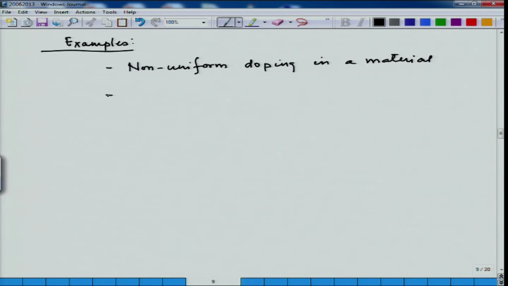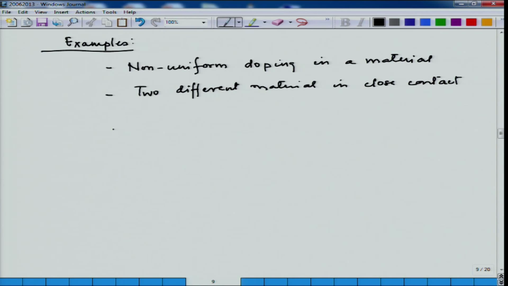Diffusion will be important when you have two different materials adjacent to each other, in close contact, and we will see an example of that when we look at p-n junctions. One can have the same situation with a metal-semiconductor contact, where there will also be a diffusion process between the two different materials.